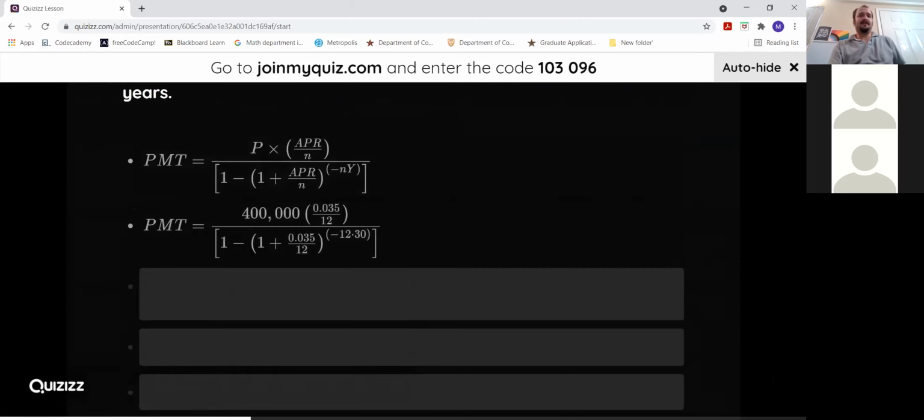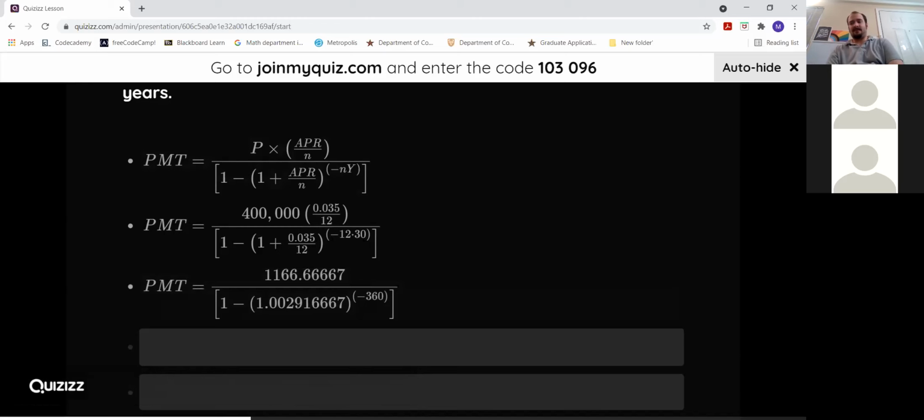So same formula. Now we're doing 400K, 0.035 over 12. And so this is 0.035 over 12, same thing. To the NY is 12. 30 years is what we're doing now. We multiply those things, gives me minus 360 in my exponent. I divide, multiply these, it's going to give me this crazy number with this 0.6 repeating. If I divide these things, it gives me 0.002916.